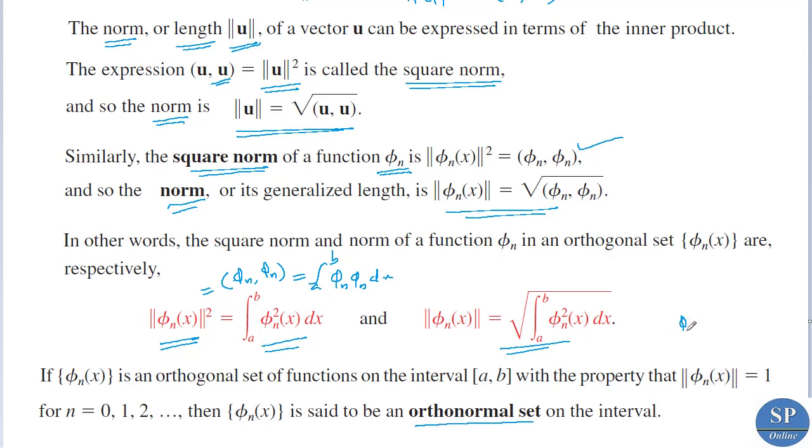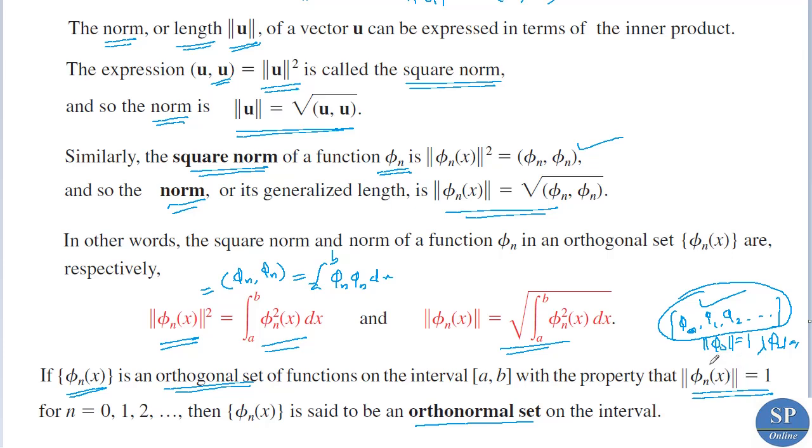Now we can define the orthonormal set. Suppose phi n x is an orthogonal set, that is phi naught, phi 1, phi 2, etc. An orthogonal set phi n x is said to be orthonormal if each of these functions has length 1, or the norm of each of these functions is equal to 1.